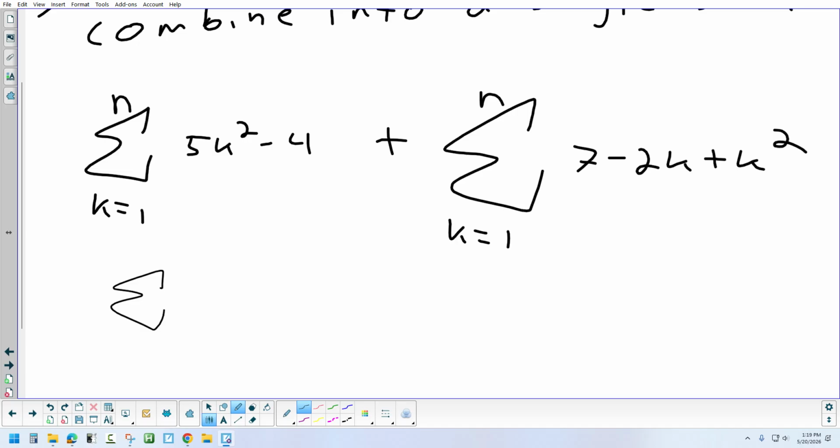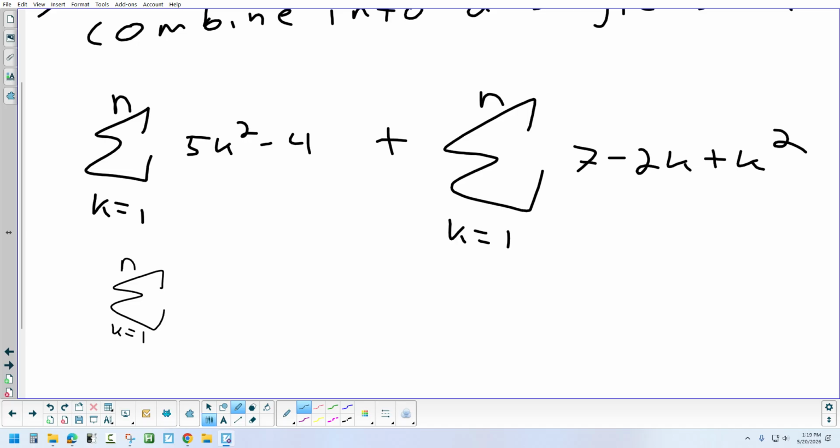The new start value for the new summation that I'm about to create has to be the same as the originals. It's going to start at 1. And the summation is going to stop at what term? Yeah, the nth term. It has to stop at the nth.